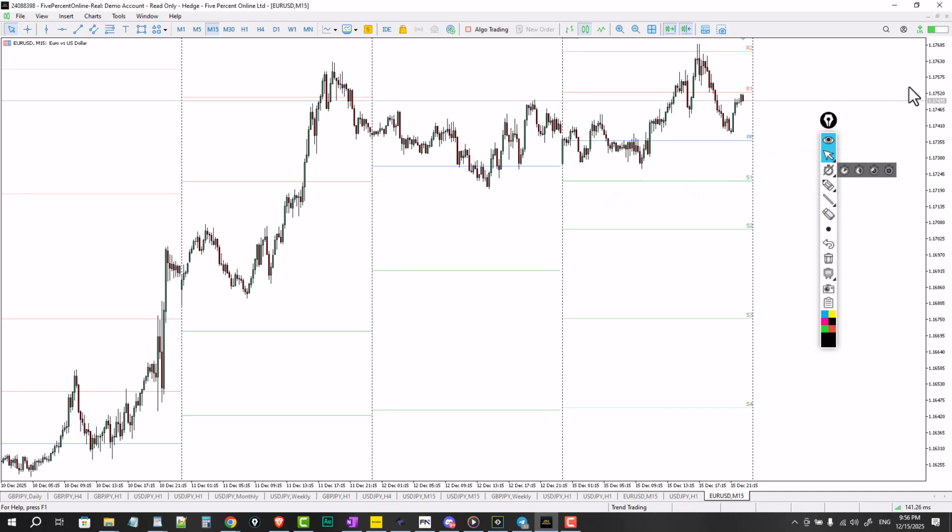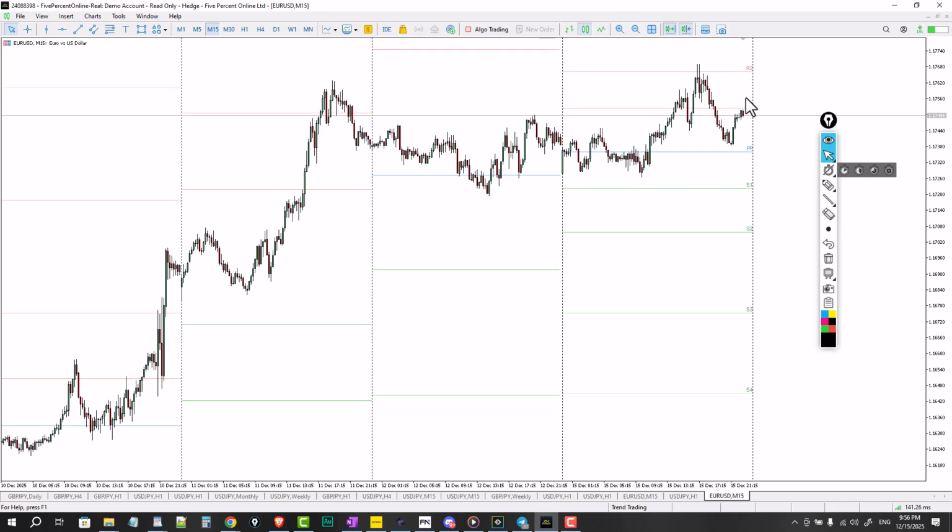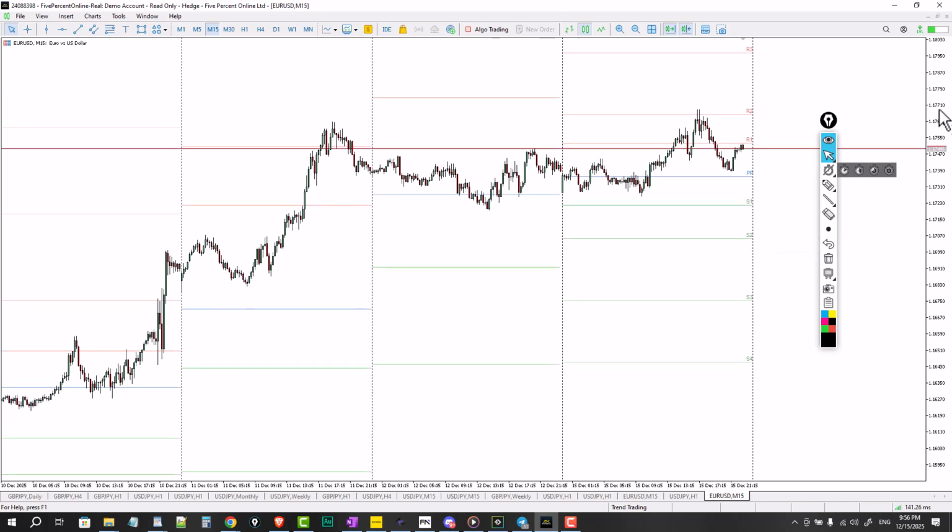Now we've got R2, which is directly above R1, while S2 is below the central pivot and also below S1. And then we have R3, which is above R1, R2 and the central pivot, and S3, which is below S1, S2 and the central pivot.